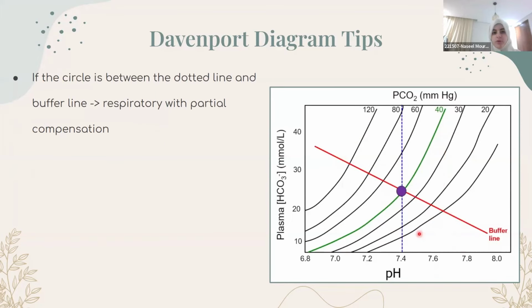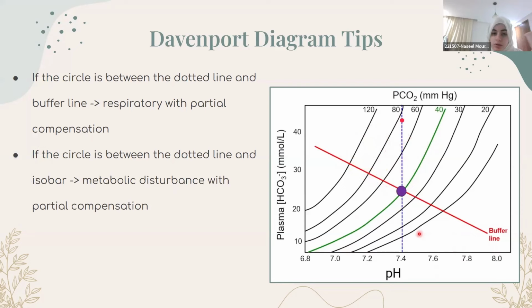Okay, some other tips are, we want to look where exactly this circle is, or between what lines, okay? So we talked about these three important lines. Now let's say the circle is between this dotted line and the buffer line, okay? You can immediately conclude that this is a respiratory problem with a partial compensation, okay? And if you try to take any dots and you try to do the arrows thing, you'll see that that's what happens.